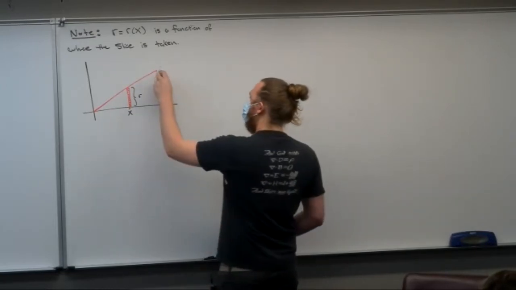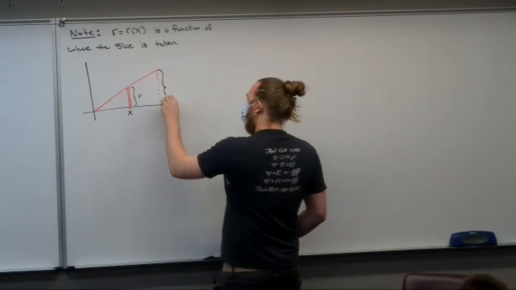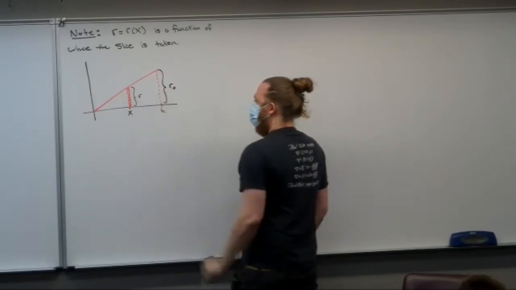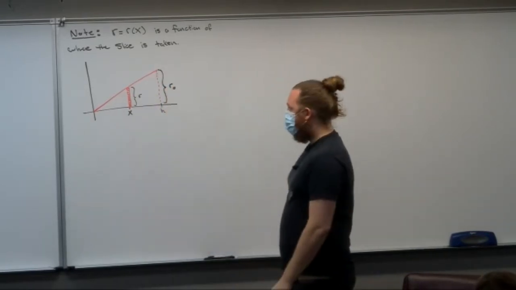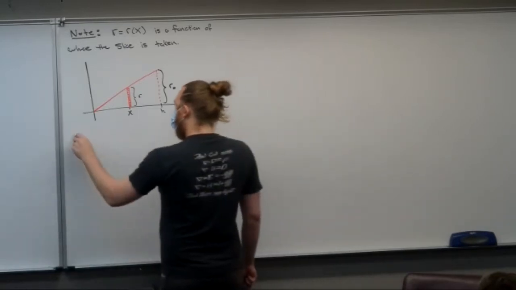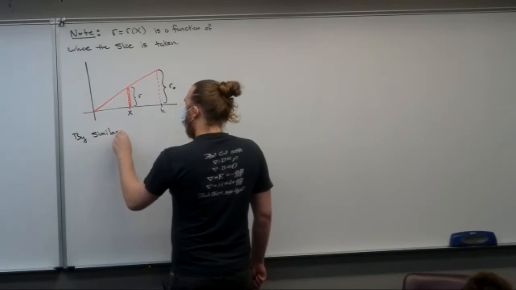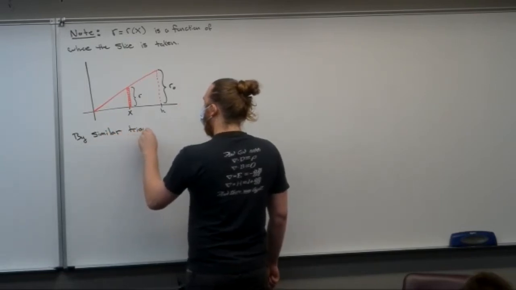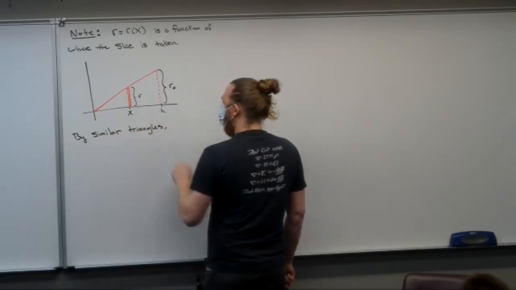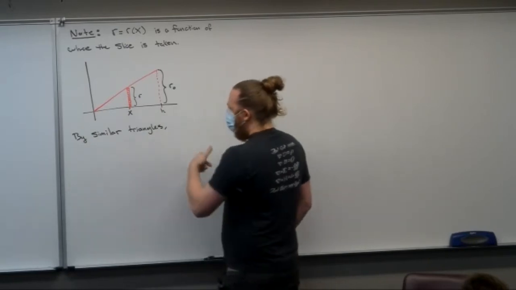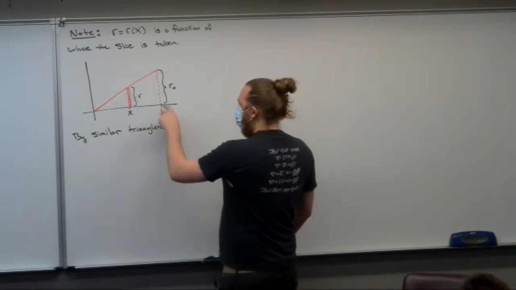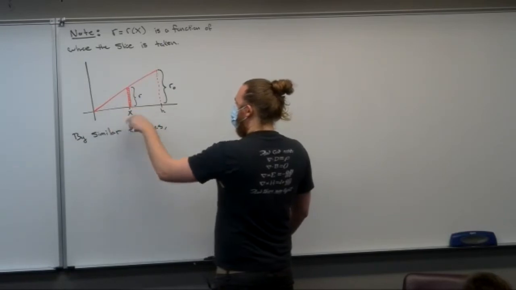Let me include this label here. This is R0, the radius of our cone's base. So by similar triangles, the ratio of side lengths of the big triangle is the same as the ratio of side lengths for the little triangle.